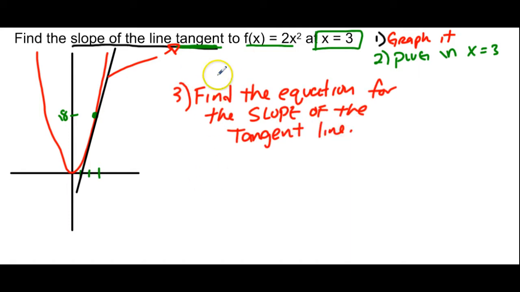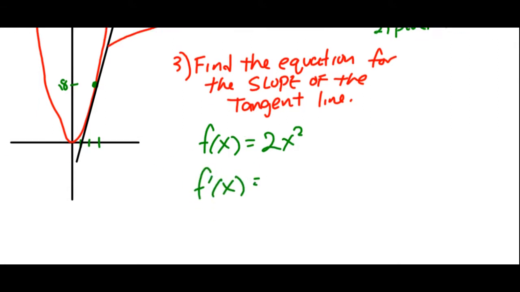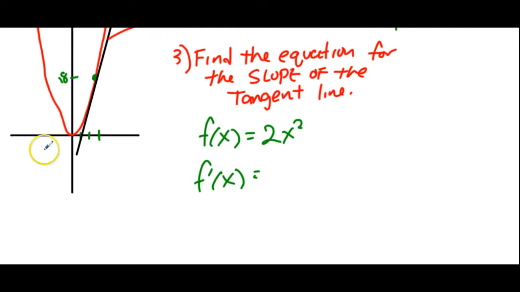We take our original function, which is f of x equals 2x squared, and then find the derivative. This is why I had you practice derivatives, because you need to know how to find them in order to do these types of questions, and these are the types of questions they'll ask you. To find the equation that gives us the slope of the tangent line, we find the derivative.